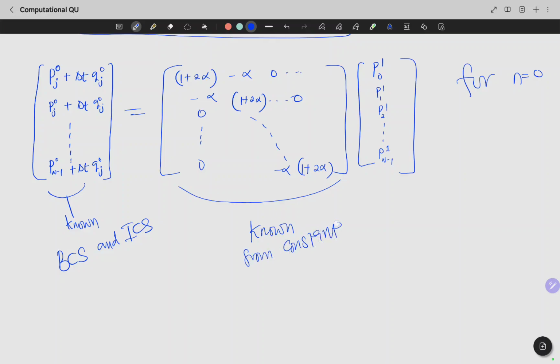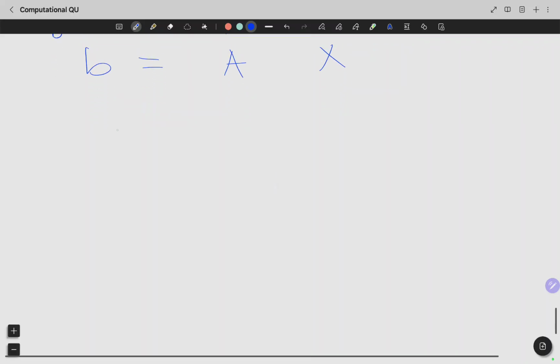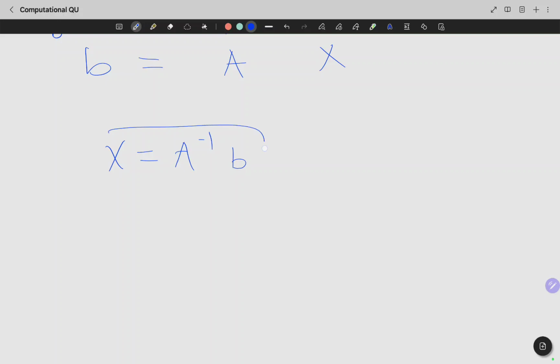These are unknown. What you would like to do is call this B and this A X, and then solve the equation X equals A inverse B, and that's it.